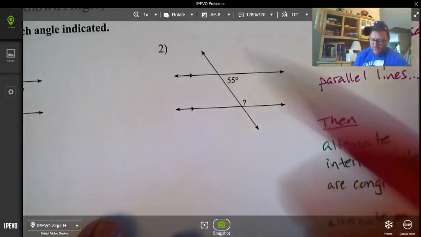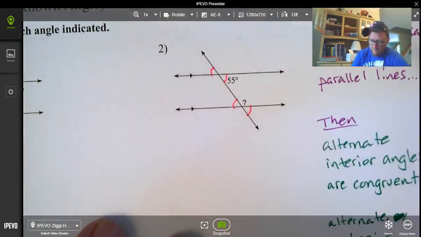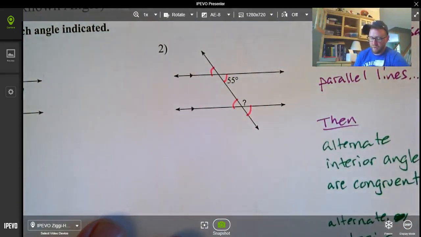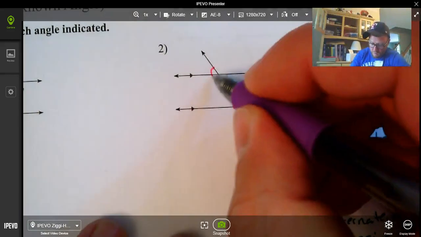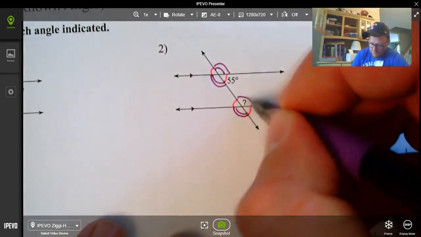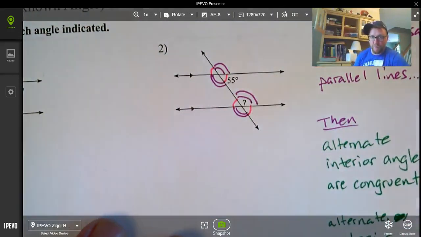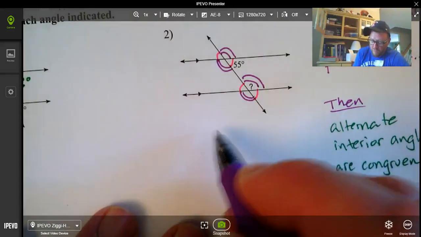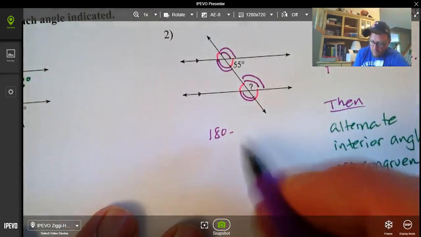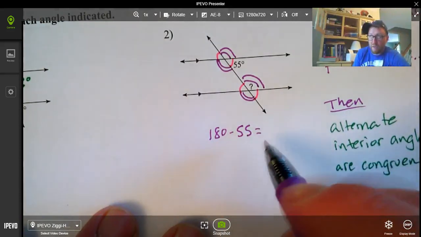Okay. Here, if we go through here, the pink angles are all congruent. The purple angles are all congruent. Now this is a pink and a purple, so the two angles are supplementary. 180 minus 55 is 125.